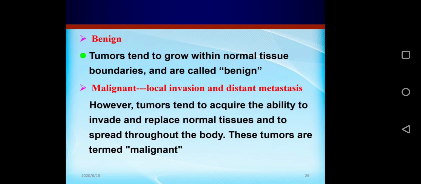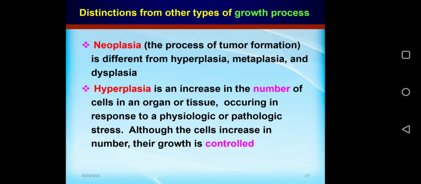If tumors tend to grow within normal tissue boundaries, we call this a benign tumor. However, tumors that acquire the ability to invade and replace normal tissues and to spread throughout the body are termed malignant. So malignant tumors show an invasive feature. They can destroy the normal tissue. They can show distant metastasis.